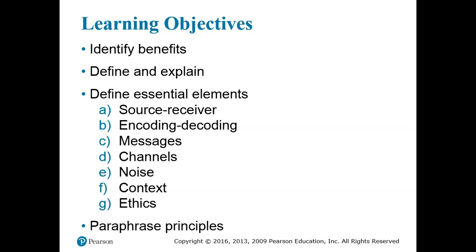If you're not certain a message has been received, you can repeat it and be sure it's been received the way you intend. A cell phone or telephone call is kind of in the middle. You can do it remotely, but you can't see the person. So there are advantages and disadvantages to every channel, but channels are the method, the medium, that you communicate.